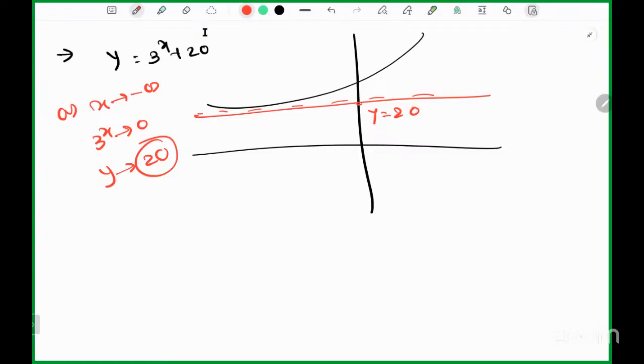Ma'am, I am asking about the x intercept. Yes, in the case of 2 to the power x minus 32, there was an x intercept, but in the addition case, here we don't have an x intercept.